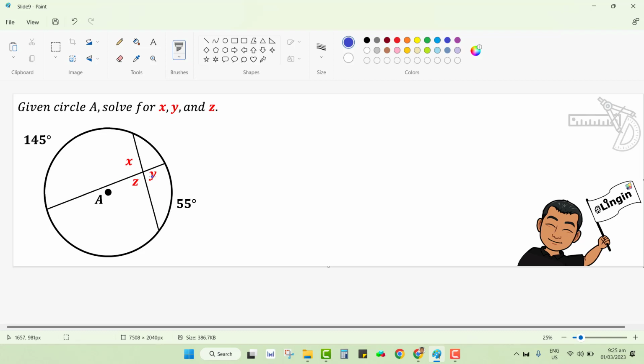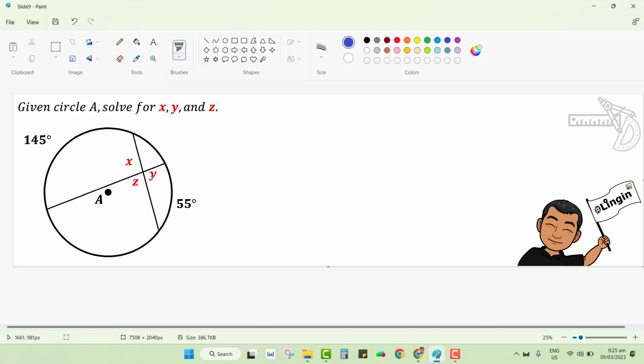So we cannot use the relationship of the central angle to its intercepted arc, which is the same measurement, nor the relationship between the inscribed angle and its intercepted arc, where the inscribed angle is half its intercepted arc, because the three of them are neither central nor inscribed angles.